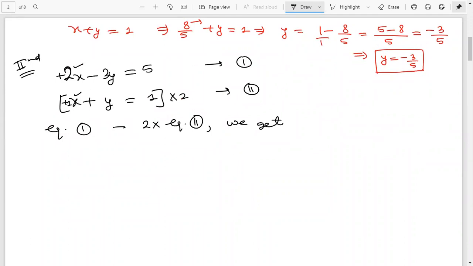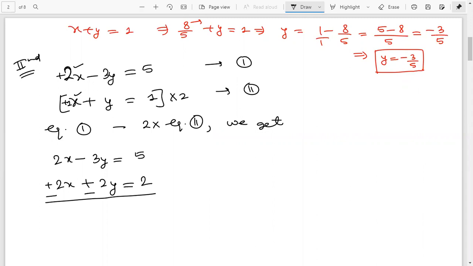Let me write separately. 2x minus 3y equal to 5 will be written as it is. Now the second equation is multiplied fully, both left hand side and right hand side, with 2. So this will be 2x plus 2y equal to 2. Then we subtract, because both have plus signs and the values are the same.